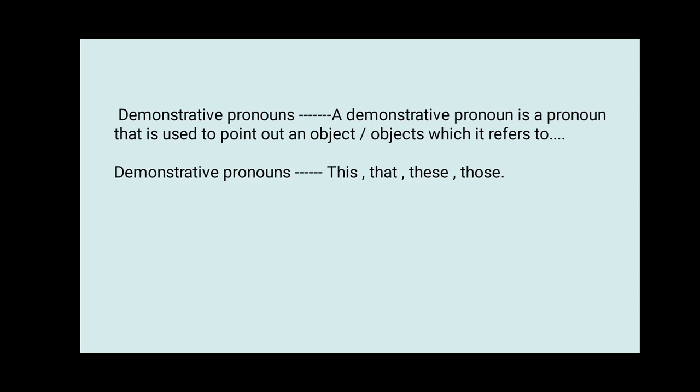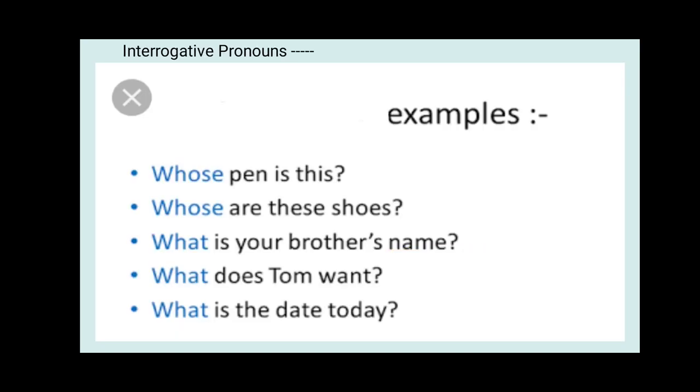Now, students, let's start with another new type of pronoun. This new type of pronoun, or the 6th type of pronoun, is called interrogative pronoun. In order to understand the interrogative pronoun, here you can see I have listed a few examples.